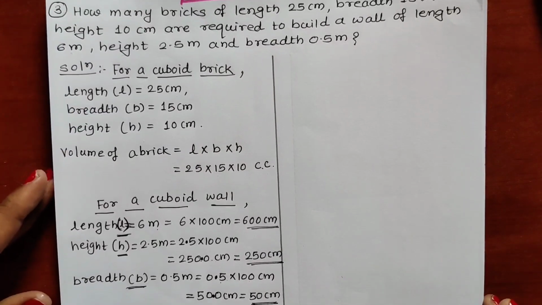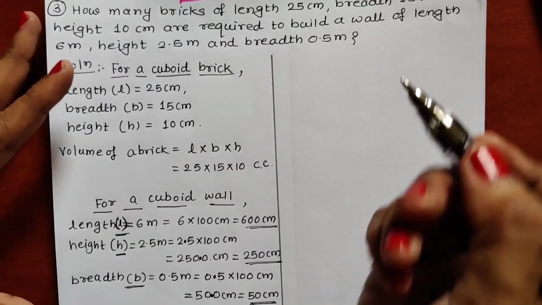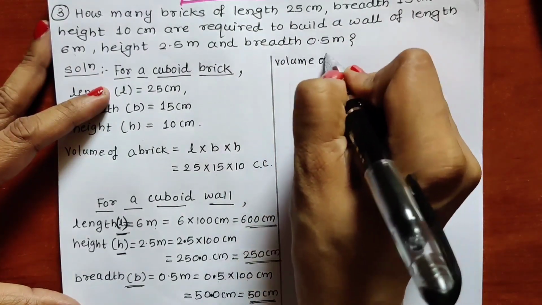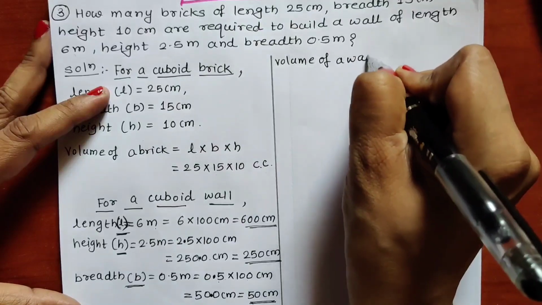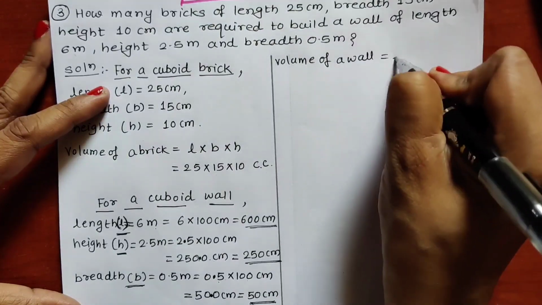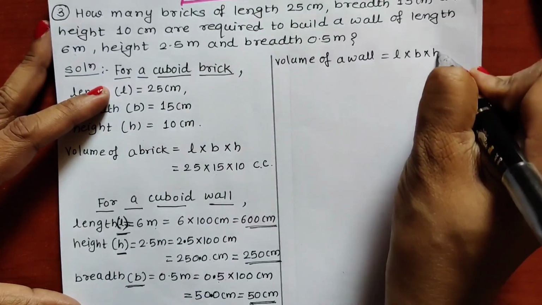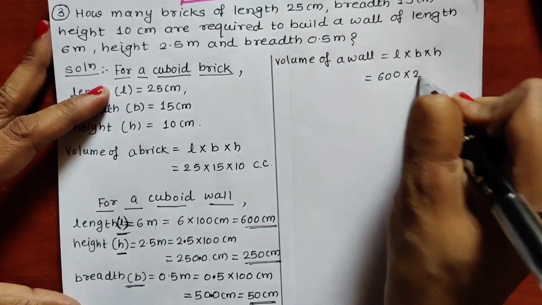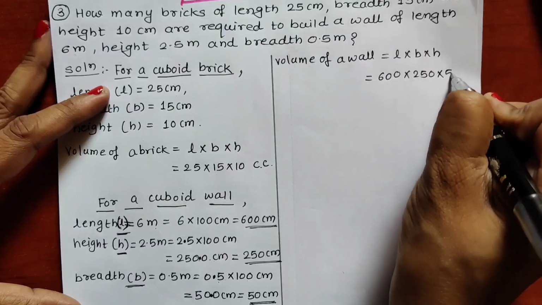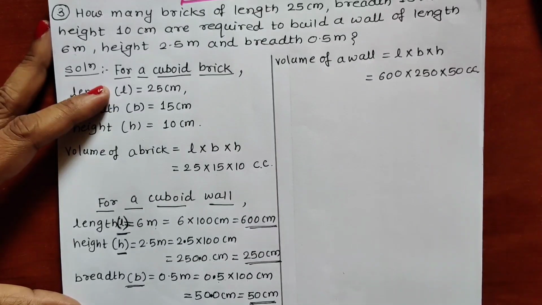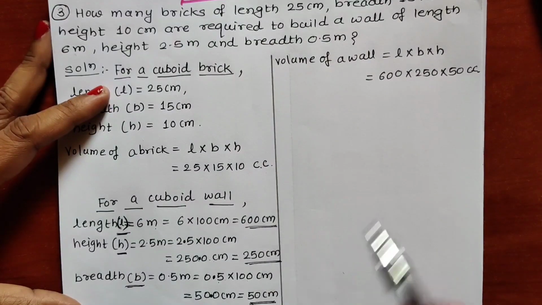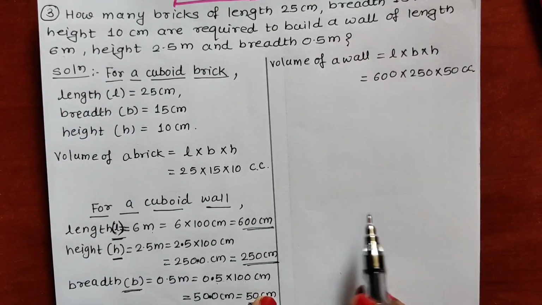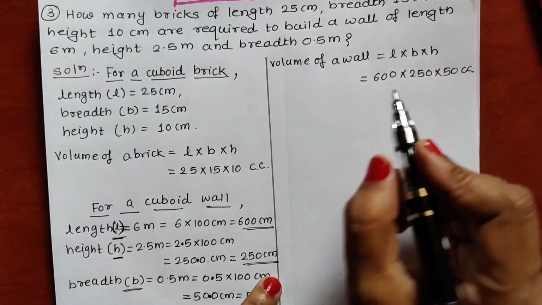Now we will be finding out the volume of cuboid wall. Volume of a wall is equal to length into breadth into height will be equal to 600 into 250 into 50 cubic centimeter. Now all these units are in centimeter, so we can write here cubic centimeter. Now we have to find out number of bricks to build a wall.